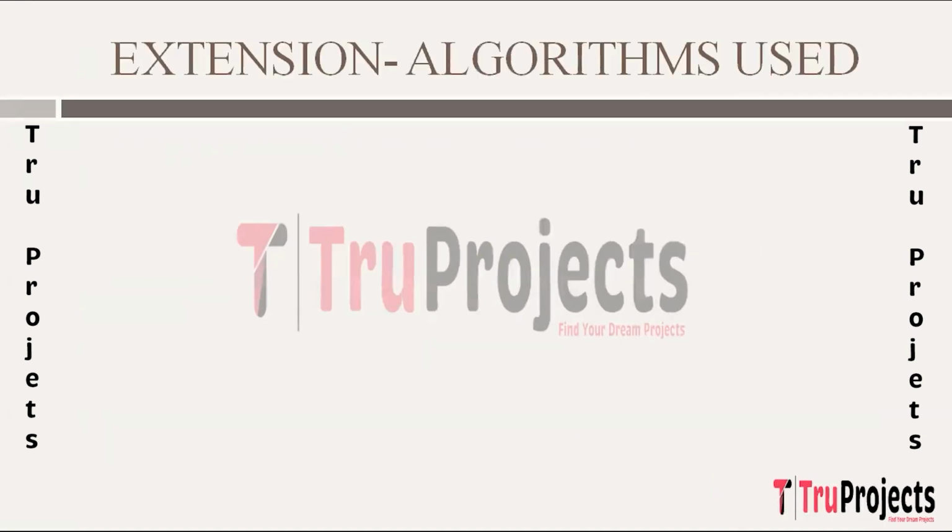Now we'll understand about the algorithms used as extension to the project. So first we'll understand about OpenCV. It is a powerful open source library designed for computer vision and image processing tasks. It provides a wide range of functions and algorithms for tasks such as object detection, image segmentation, and feature extraction.